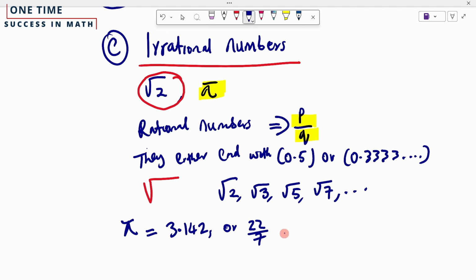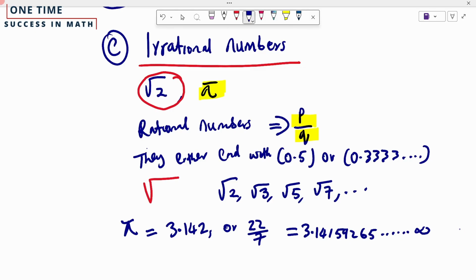But in reality, pi starts from 3.1415965, and it goes on and continues forever to infinity. So no matter how far you calculate, you will never find a sequence of numbers that starts repeating like a rational number, because it never repeats and it never ends.